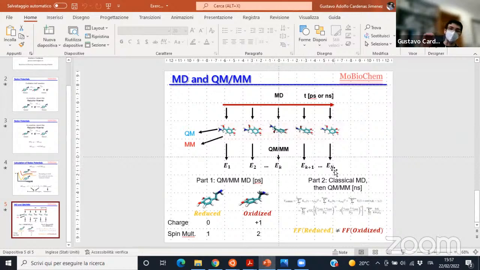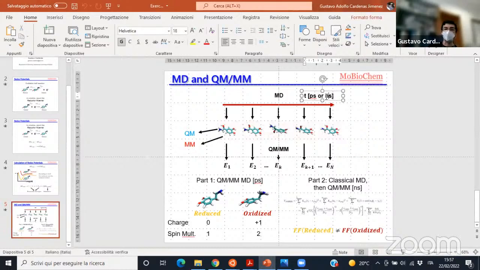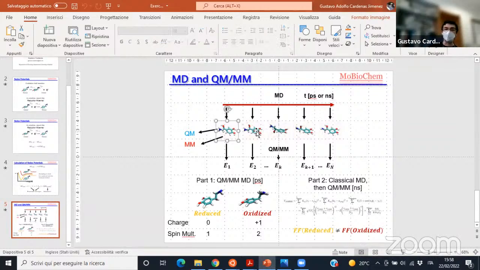So the very first difference with respect to the previous method is that we are in a longer time scale, the time scale of nanoseconds. If you wanted longer simulations for the QMMMD, you would need many more computations for each one of the time steps.